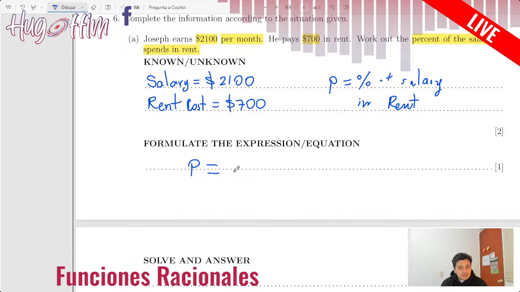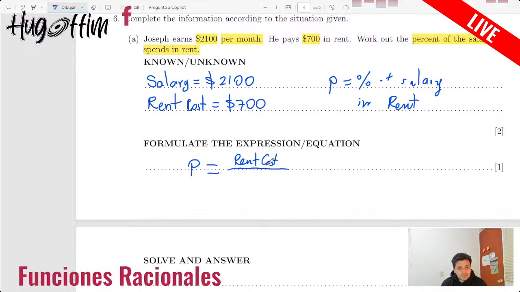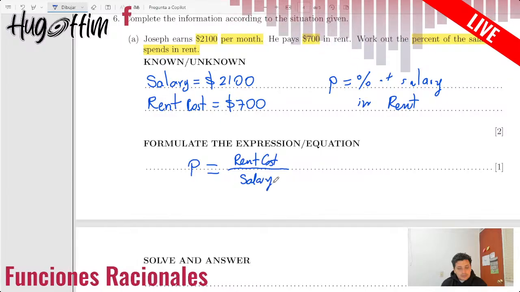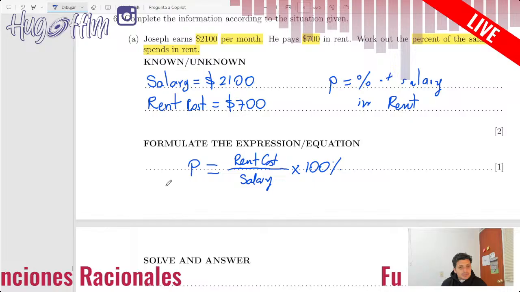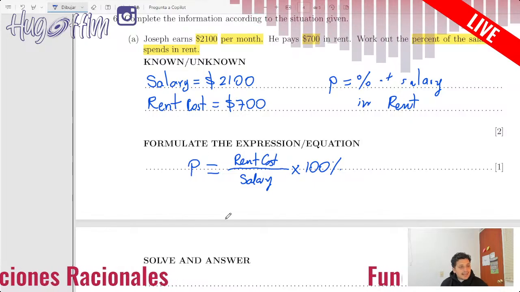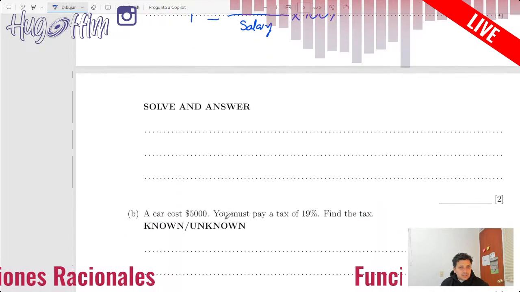So rent cost over salary, and this answer times 100%. This is going to give me the percent.